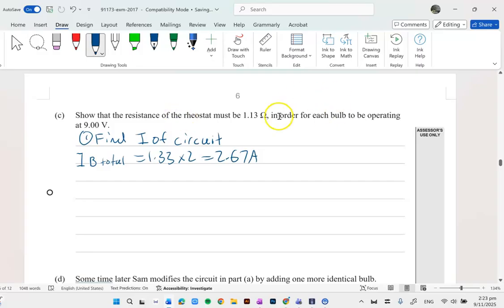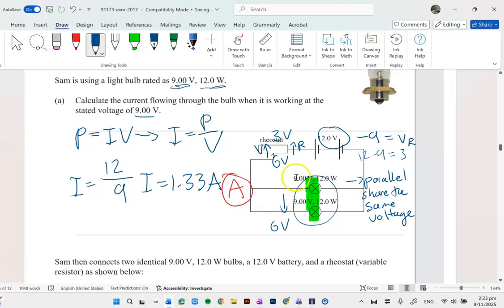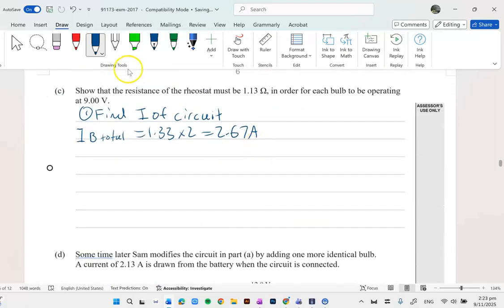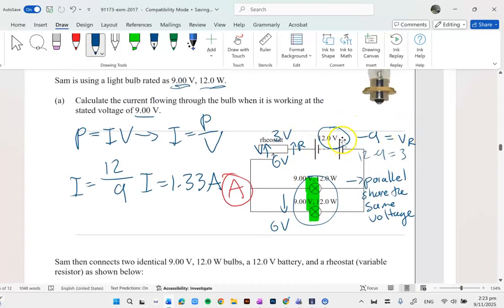So now we've got the total amps, and because the rheostat is in series with these two, we can just go V equals IR, because we know the voltage of the rheostat is just 12 minus 9, because here's my 12 volt supply battery, and these two light bulbs are taking up 9 volts, so that means this has to be 3 volts.